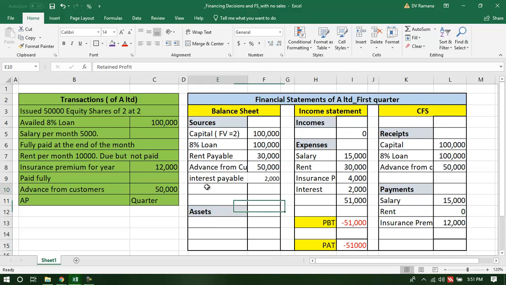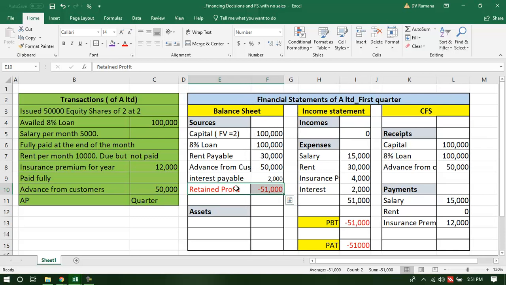And PAT, or a negative profit, will reduce the equity, so we show that on the balance sheet as negative retained profit. And we'll find that cash available is equal to 250,000 minus the payments, so therefore cash in hand is 223,000.